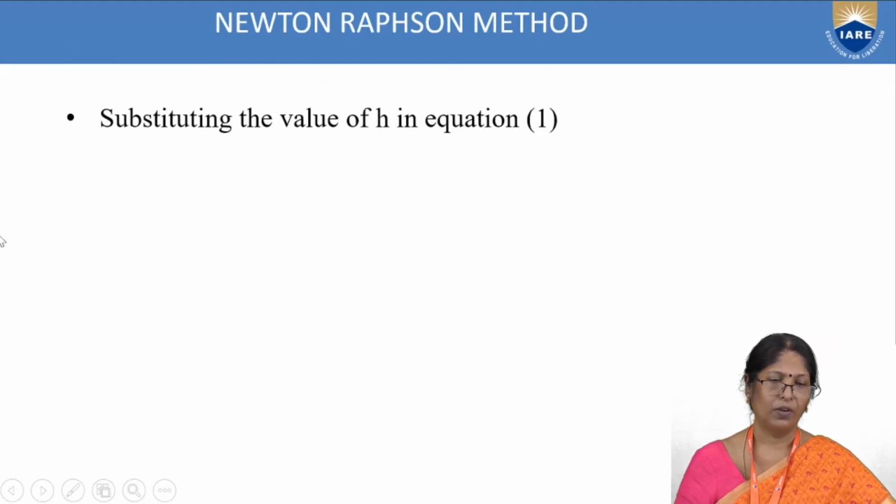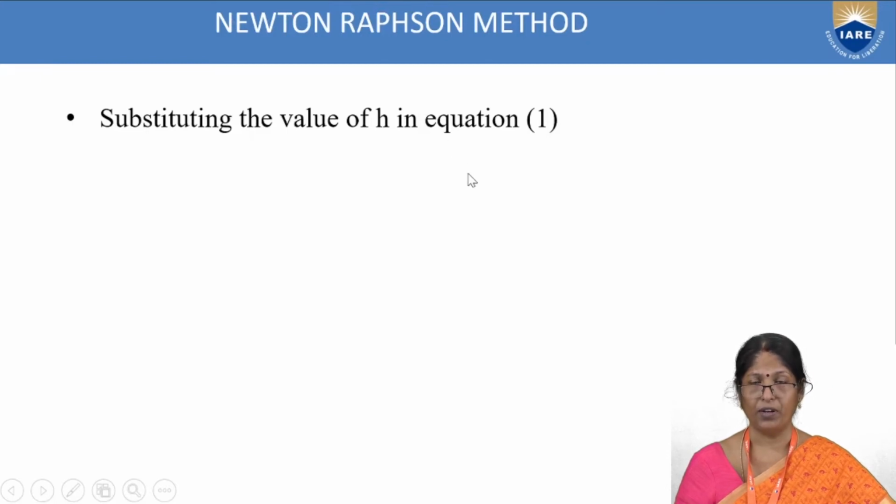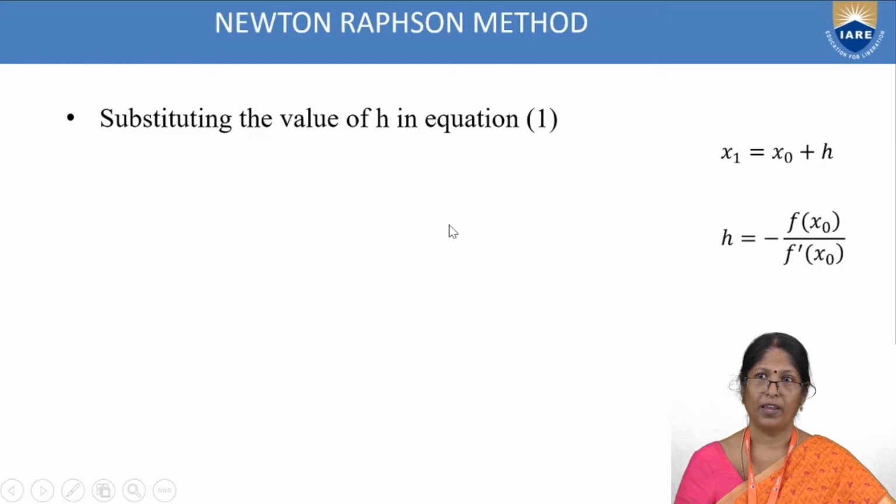So now we are going to substitute the value of h in equation 1. We know x1 is nothing but x naught plus h. H, in the before slide, it is explained, that is minus f of x naught by f dash of x naught.